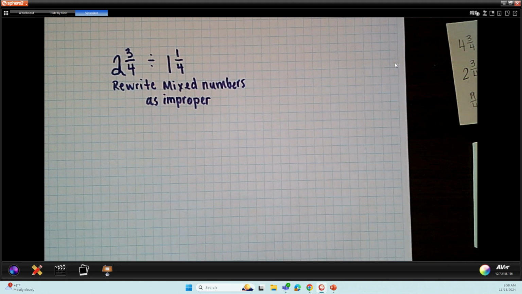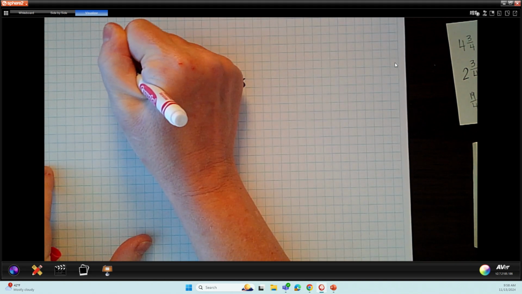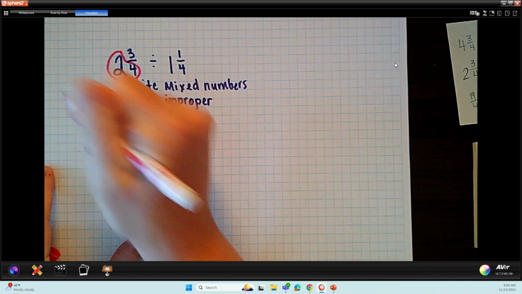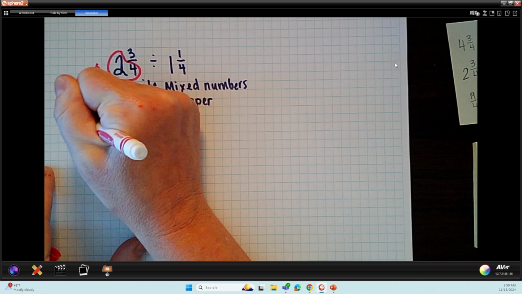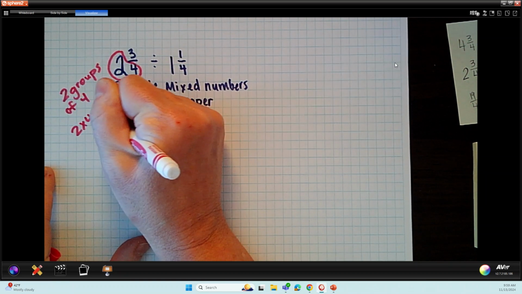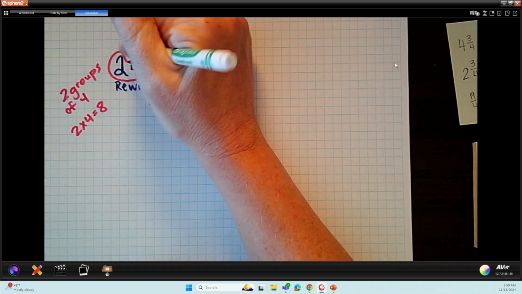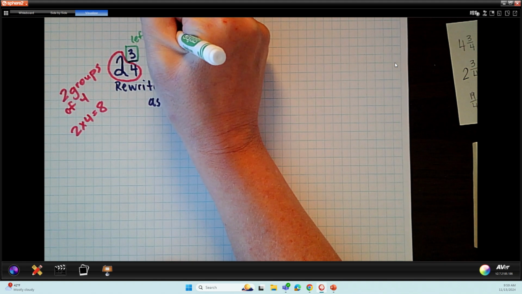So we talked to the students about 2 3/4 is the same thing as 2 groups of 4. So the denominator tells us the parts. So this would be the same as 2 groups of 4, which is 2 times 4, which is 8. And then we look at this number at the top. This is our leftover, what doesn't make a group.